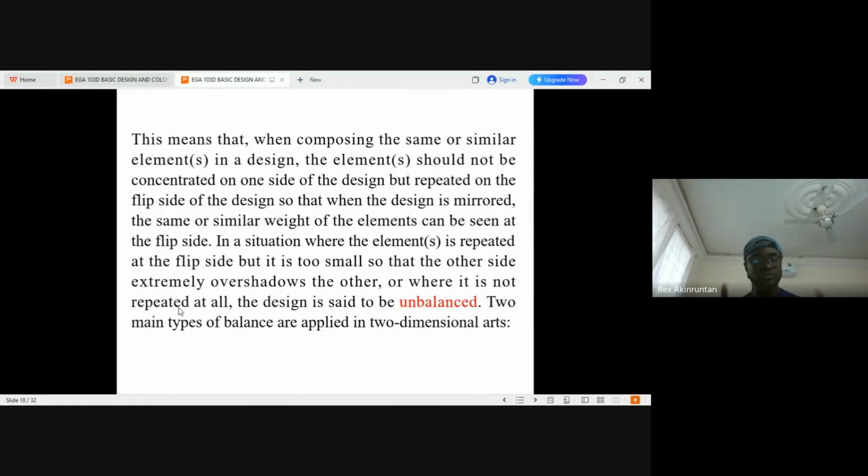Okay, so two main types of balance are applied in two-dimensional arts. When you are designing, these things need to come. Once you put something on this side, you need to look for another thing to balance the other side.